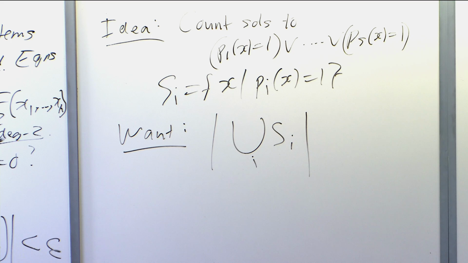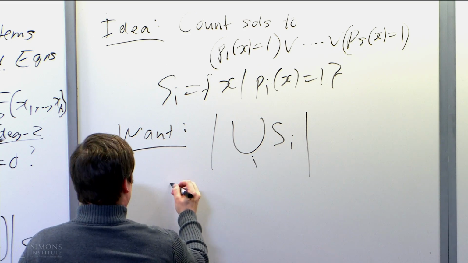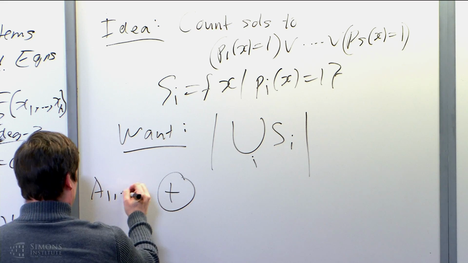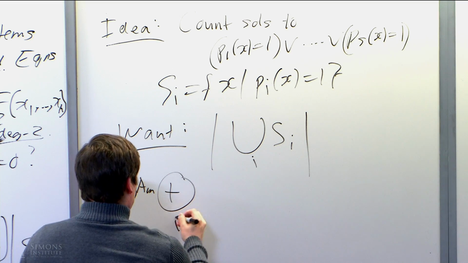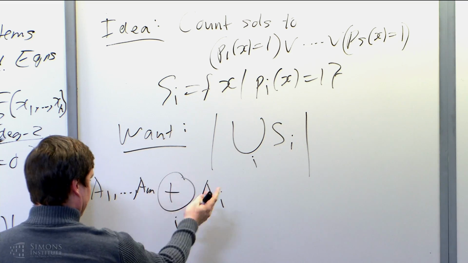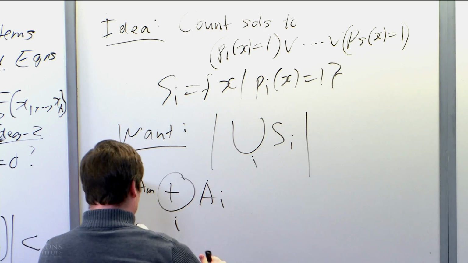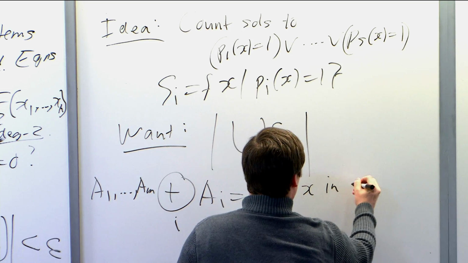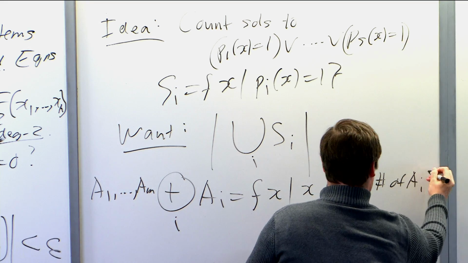Okay, so to do that, I'm going to make a definition. There's probably another name for it, but I really like my name. So we're going to look at an operator on a collection of sets. So let A1 through AM be some collection of sets. And we say that this sort of O plus, I guess, in LaTeX, of the different A sub i's is the set of X such that X occurs in an odd number of the A sub i's.